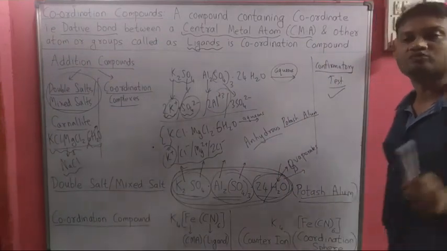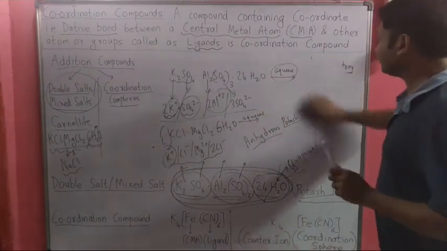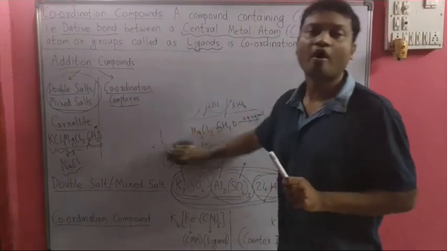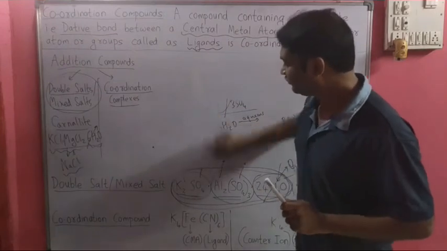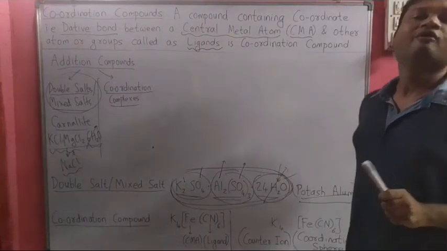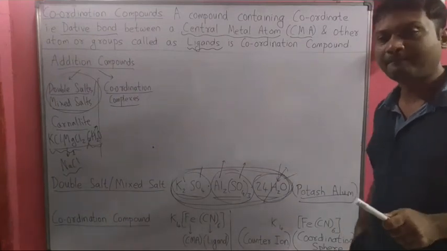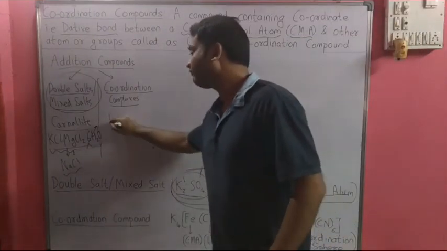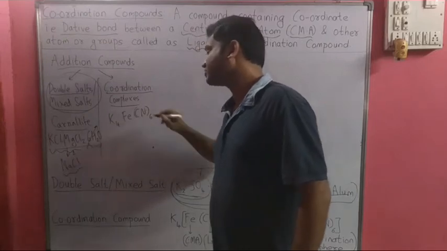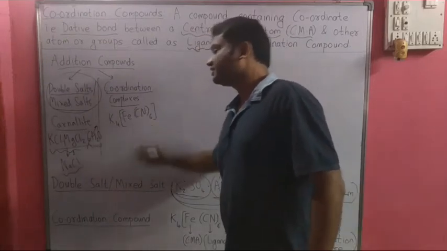But for coordination compounds, we have a different concept. Let us see what is the difference between a double salt and a coordination complex. We also took the example of a coordination complex, K4[Fe(CN)6].